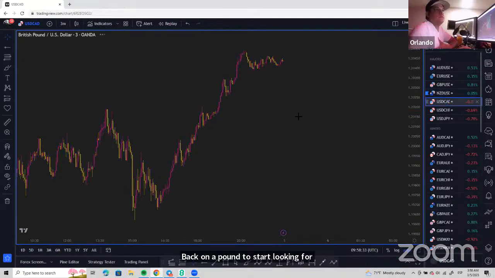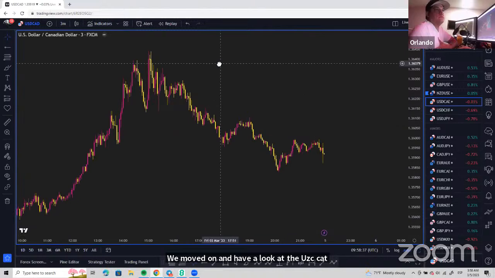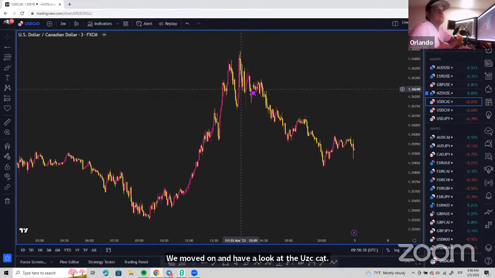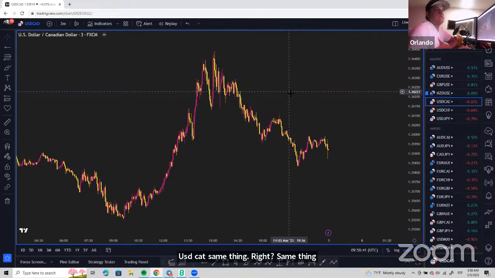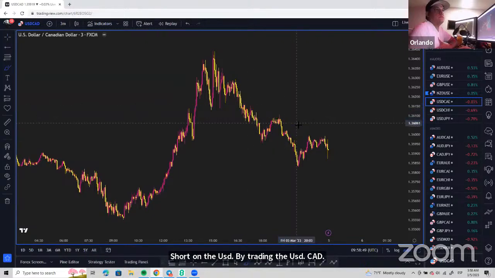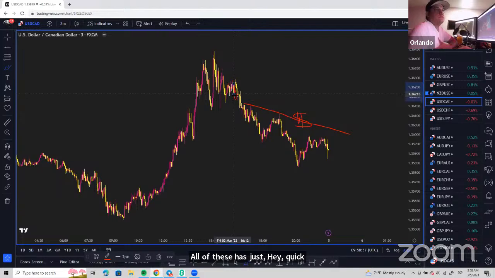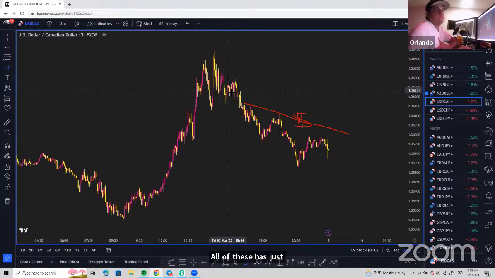Let's have a look at the USD CAD. USD CAD, same thing, right? Same thing. Short on the USD by trading the USD CAD would be exactly the same thing. All of these highs just liquidity, and here is that around here.